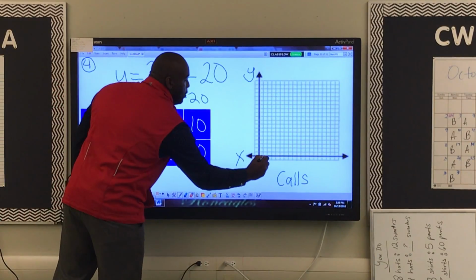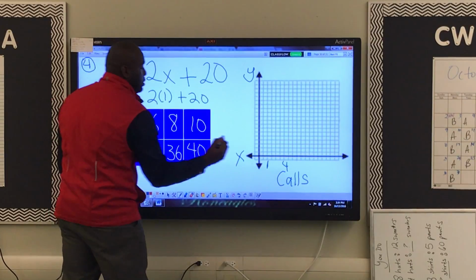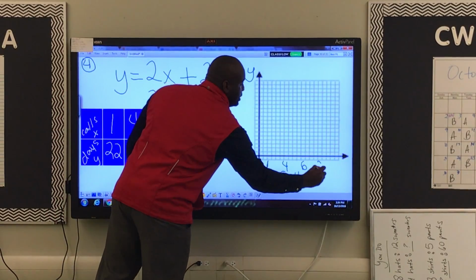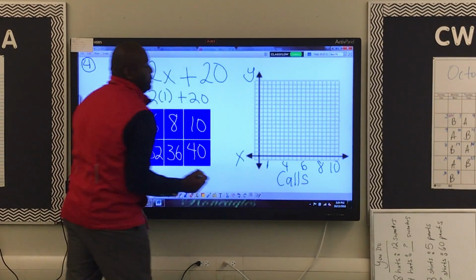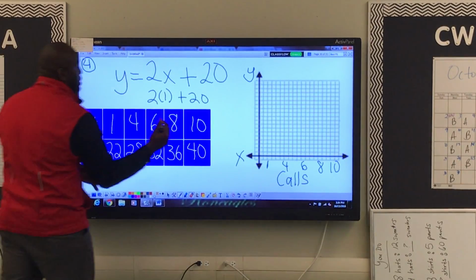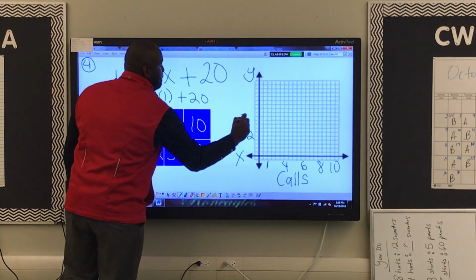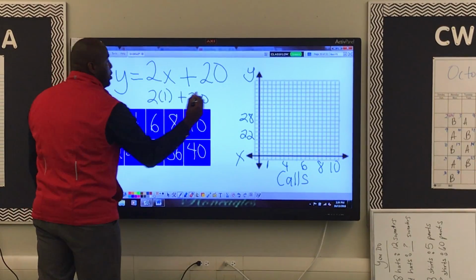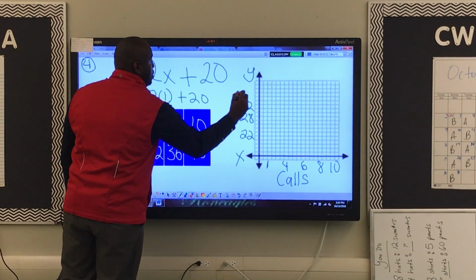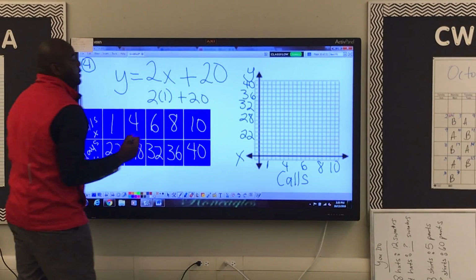So on our x variable, we have 1, 4, 6, 8, and 10. And we don't have lines, so we can skip some, give us some space so we can see a true graph. On our days, we have 22, 28, 32, 36, and 40.